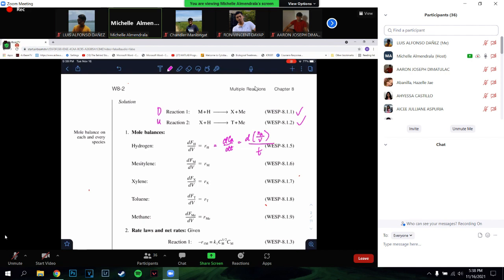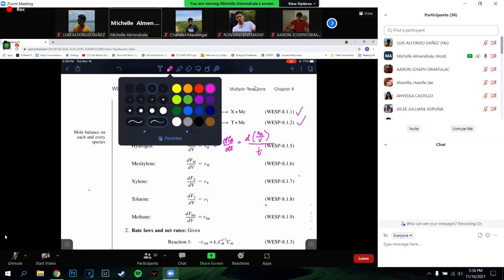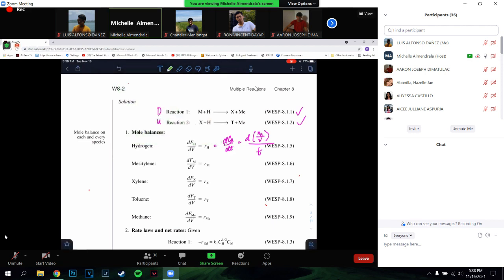So rearranging that, molar flow rate, I will have to take in NA over t. So that defines my dFH in this case over the dV. All right. So it's like dNA over dV over dt.